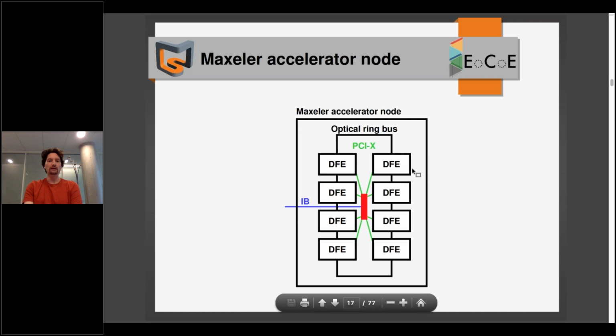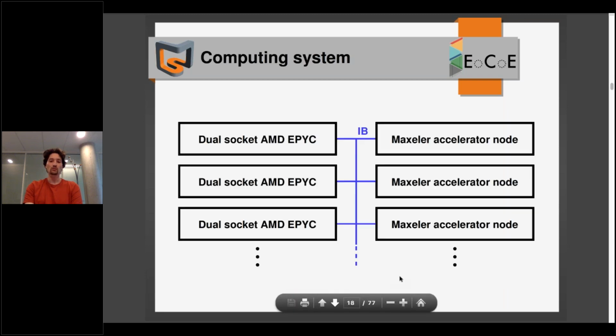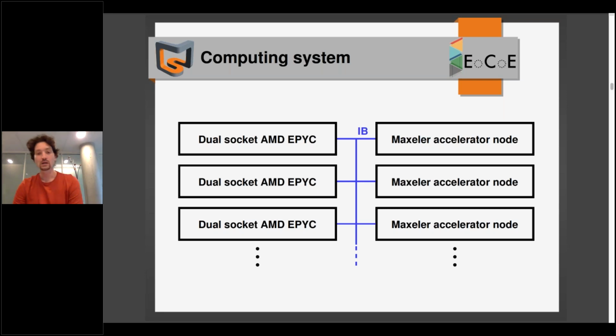Then they aggregate 8 of these DFEs on a node, connected with PCI Express, and then the node is connected with a high performance network, InfiniBand typically, to have this Maxeler accelerator node. And then with these nodes, you pack them in racks, in the same way you pack nodes of CPU or GPU connected with InfiniBand.